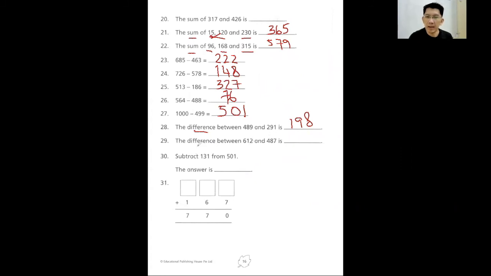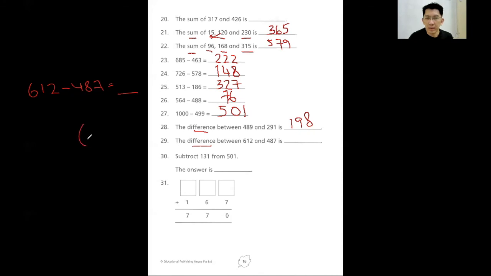When they're asking you to find the difference, all you need to do is to take the big number minus small number. Okay, actually you can write it down that way too. That's the meaning of the difference between 612 and 487.